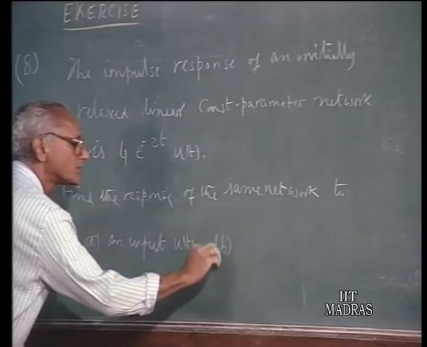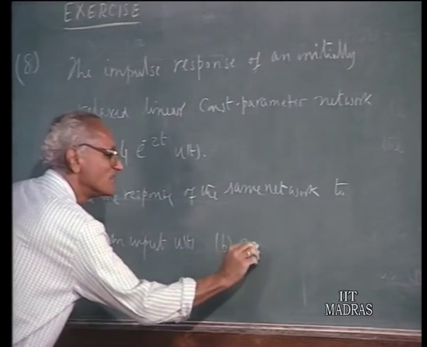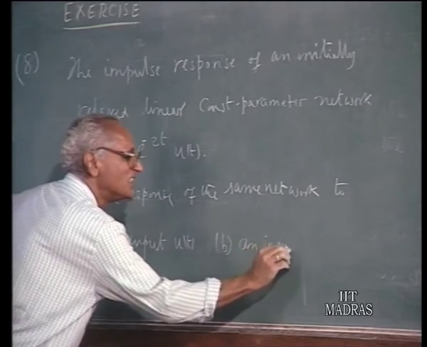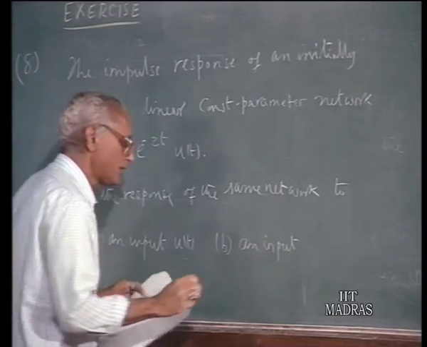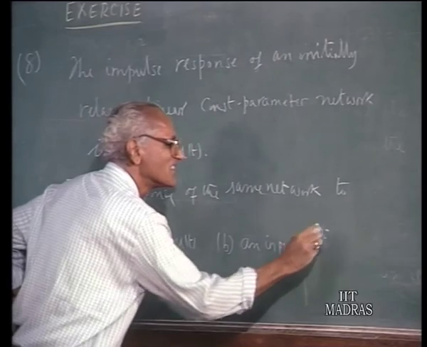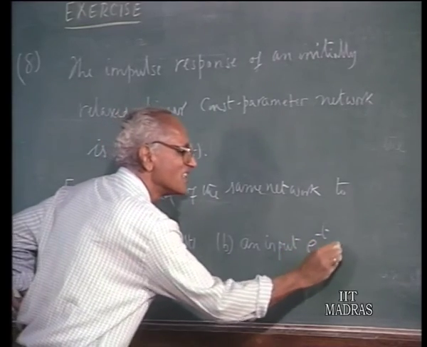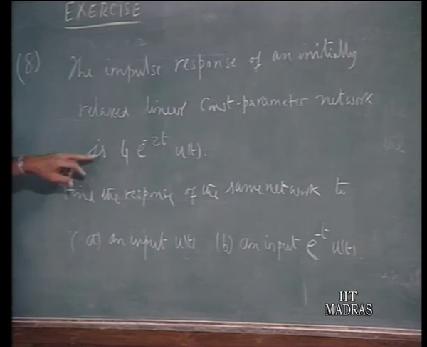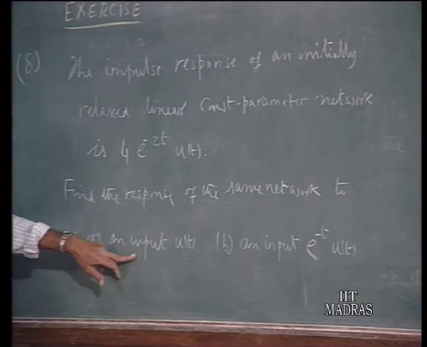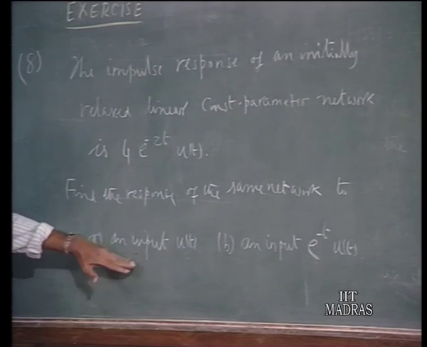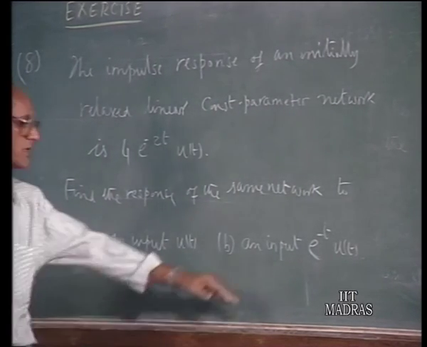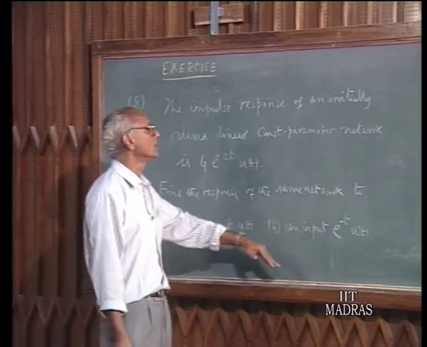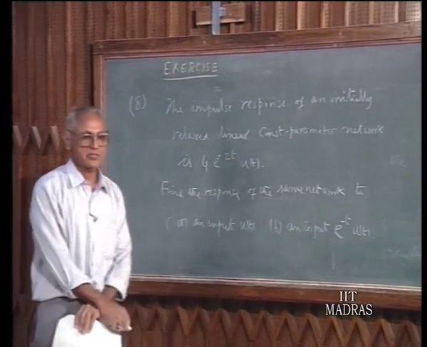B, an input e to the power of minus t u(t). That is, taking this as h(t), use the convolution principle, find the response to input of u(t), that is step response, and find the response to a general input e minus t u(t), assuming once again that the network is initially relaxed.